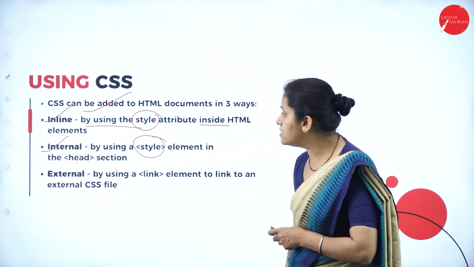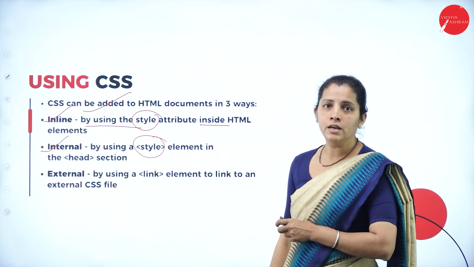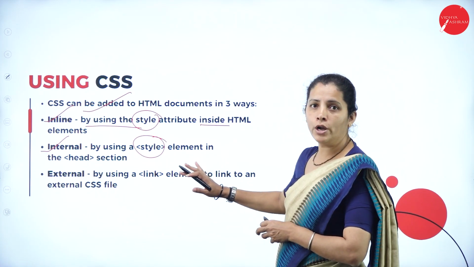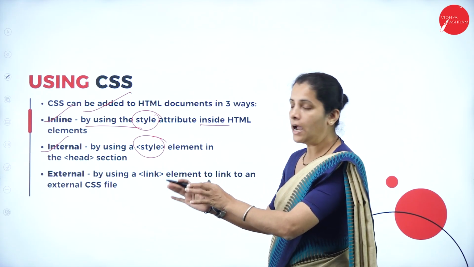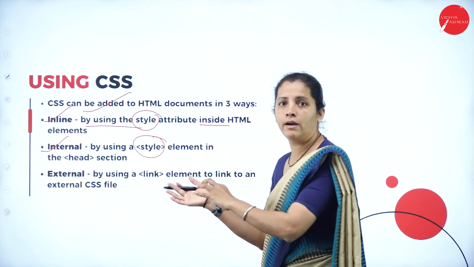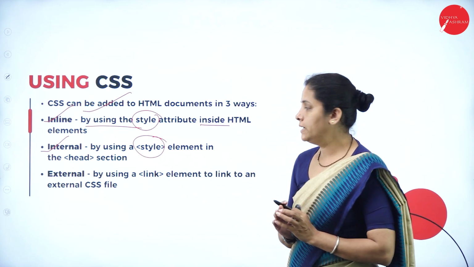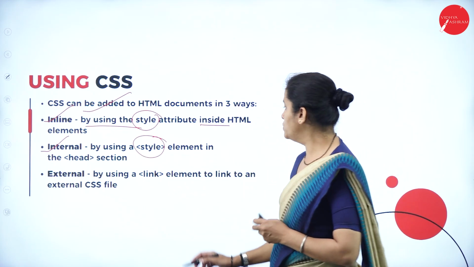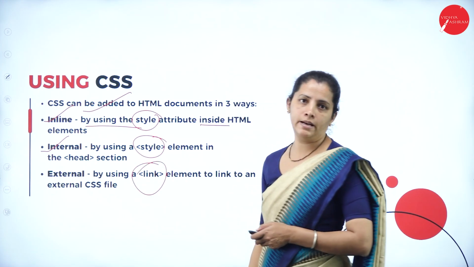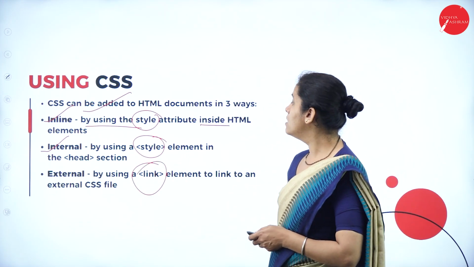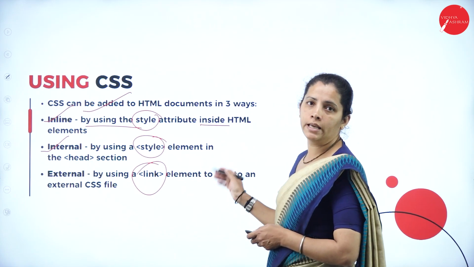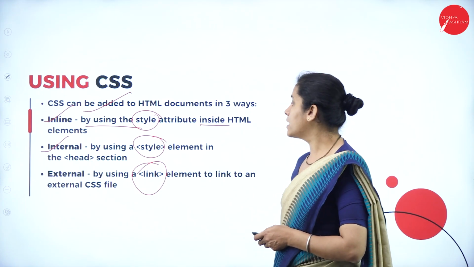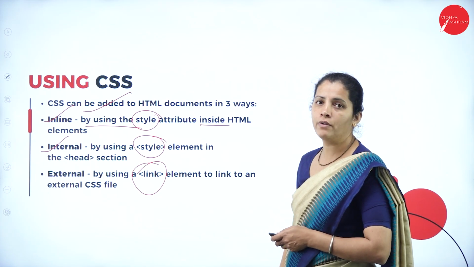And what about external? As the name indicates, we create a separate cascade style sheet and include that in my HTML document by using the link element. By using the link element, I can link the external cascade style sheet file.